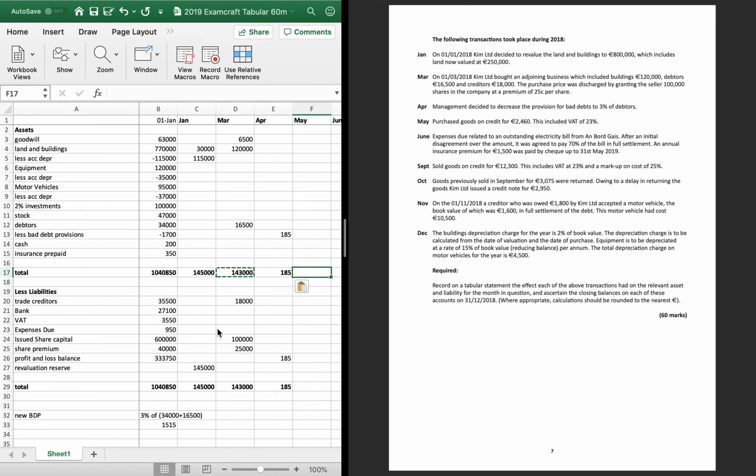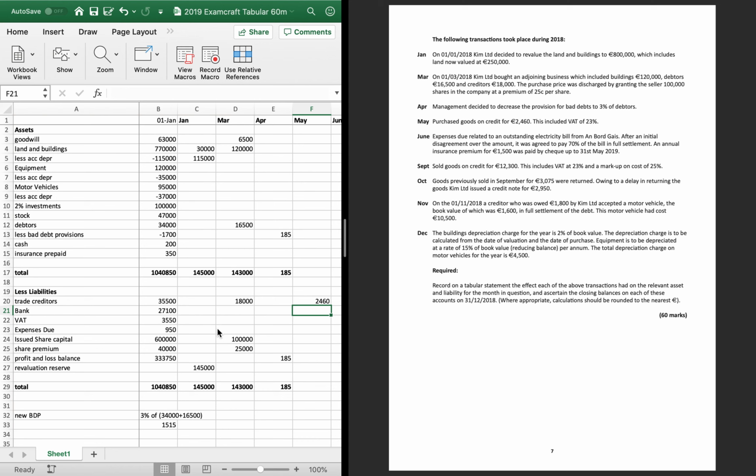Okay, next one. Purchase goods sold credit for 2460. This includes VAT of 23%. Now, we've seen this in loads of questions lately where you bought goods and they tell you the VAT amount. When you buy the goods, you buy them from creditors. So you owe your creditors the full amount, 2460. So creditors go up by 2460.